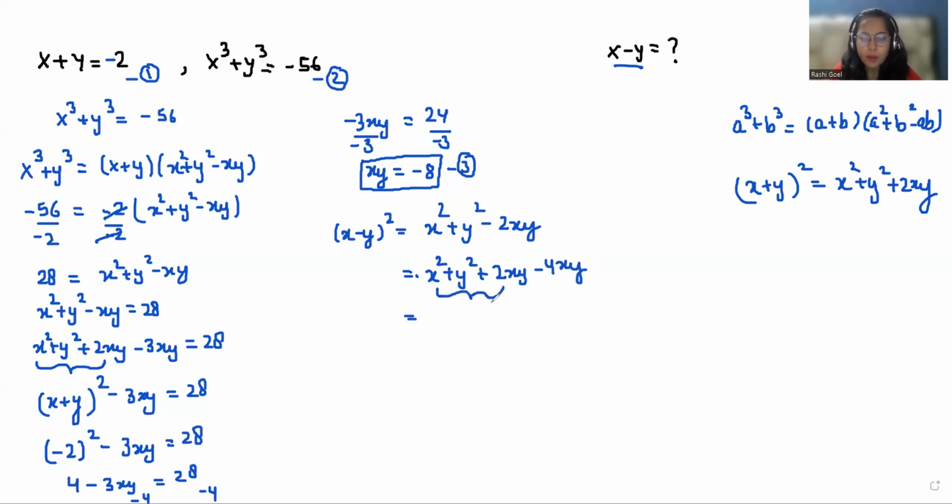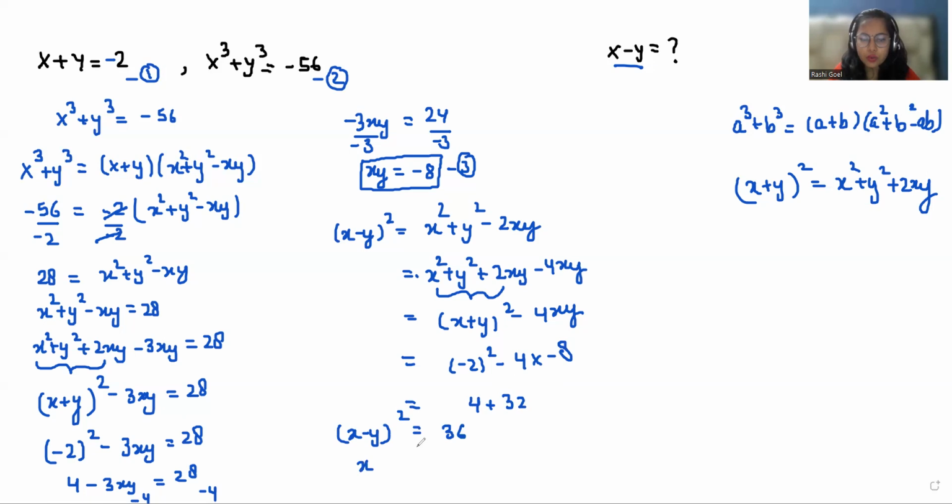So it becomes a formula again, that is (x plus y) whole square minus 4xy, and in place of x plus y, we can use equation number 1 and write (-2) square minus 4 times, and in place of xy, we can use equation number 3, that is -8. So (-2) square is 4 and 4 times 8 is 32, so it is plus 32. So the value of (x minus y) whole square is 36.